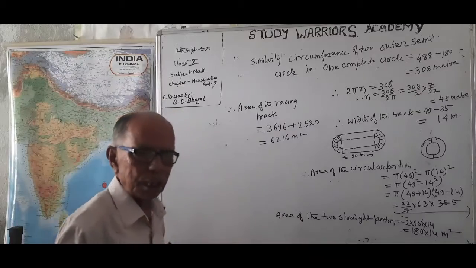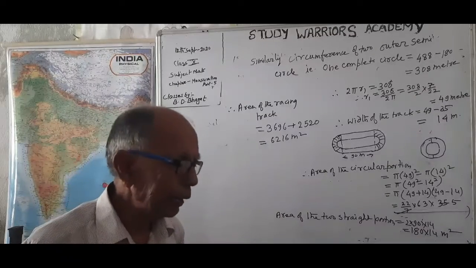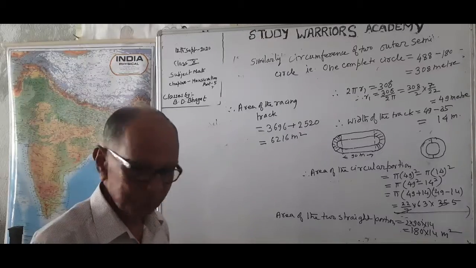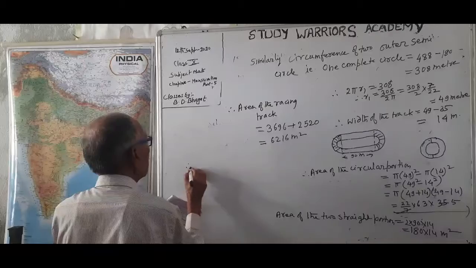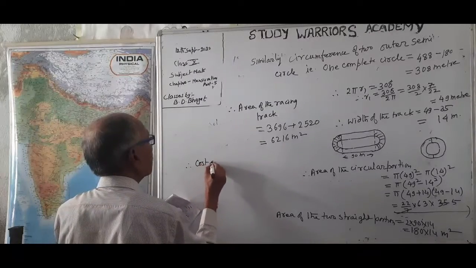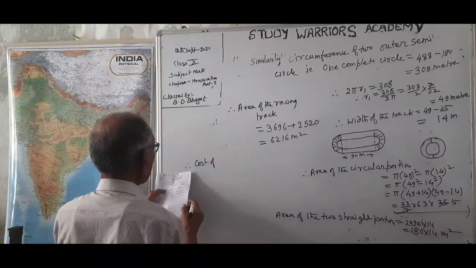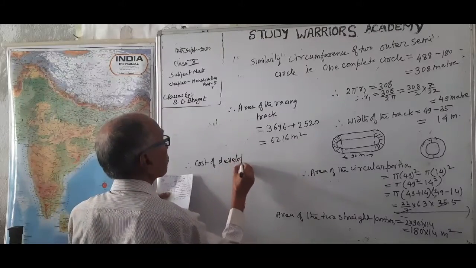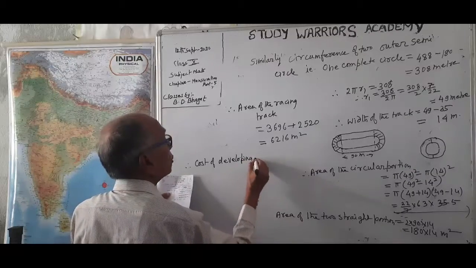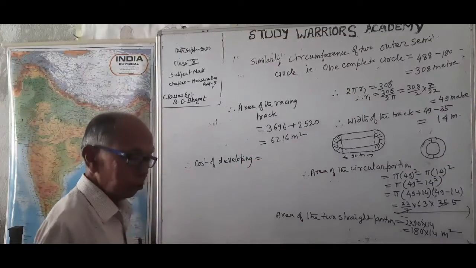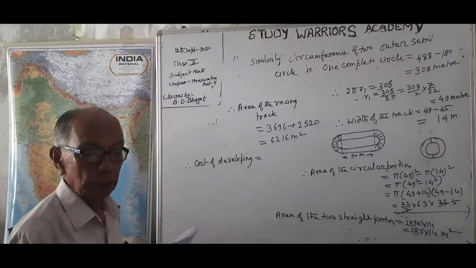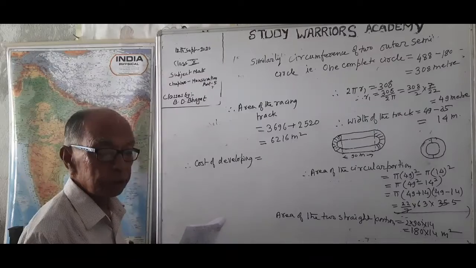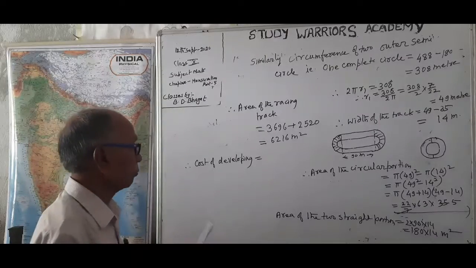So this is the area. Now, if we find the area, then it is easy to find the cost of developing. Therefore, cost of developing total is equal to, in the question, as you know, the cost of developing for 1 meter square is equal to 12.50.